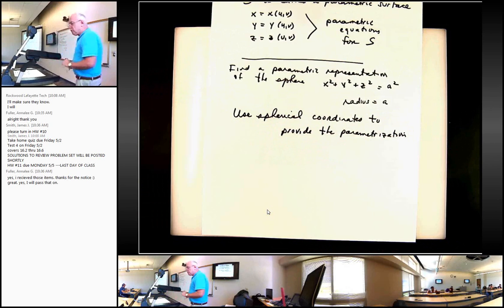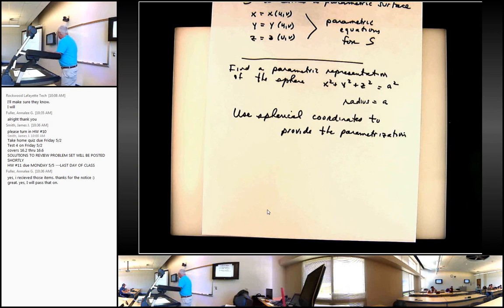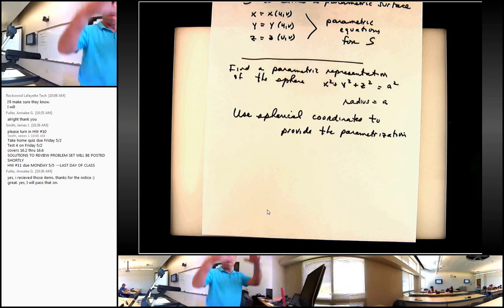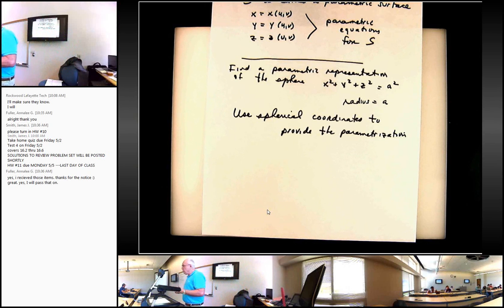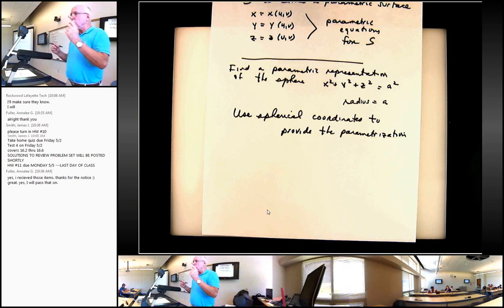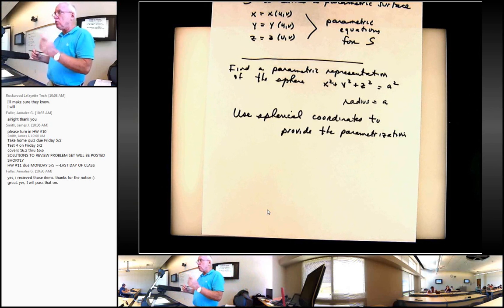For a sphere like this, we're not talking about the inside of the sphere, we're just talking about the boundary of it. There is a very simple short equation in spherical coordinates that represents the sphere. Does anybody remember what that is?